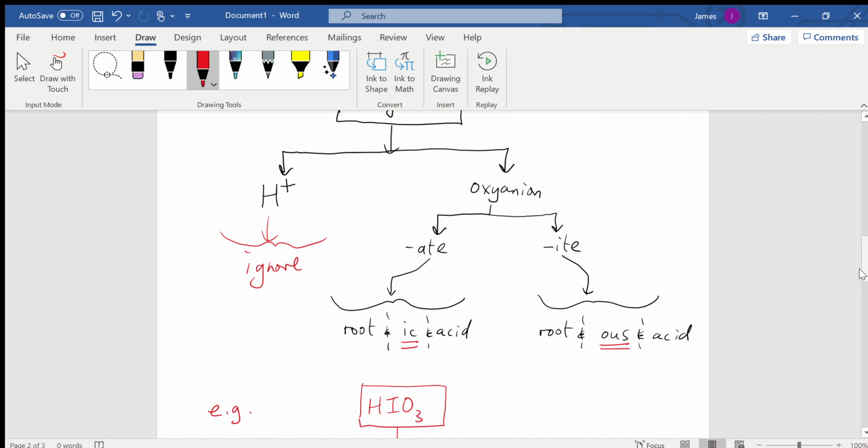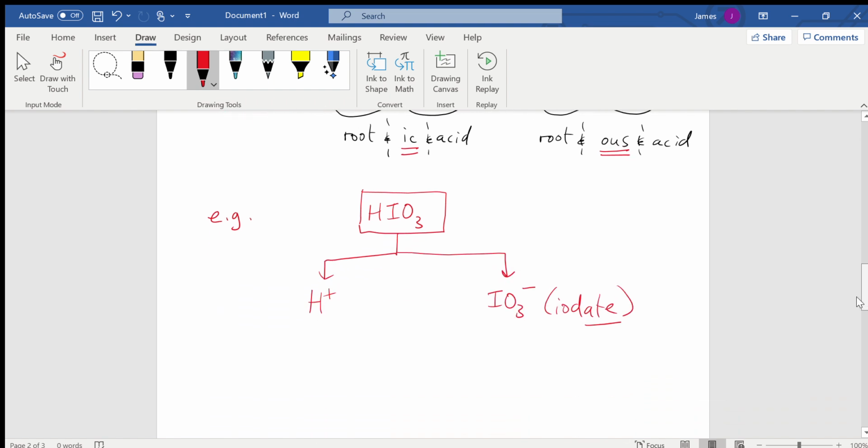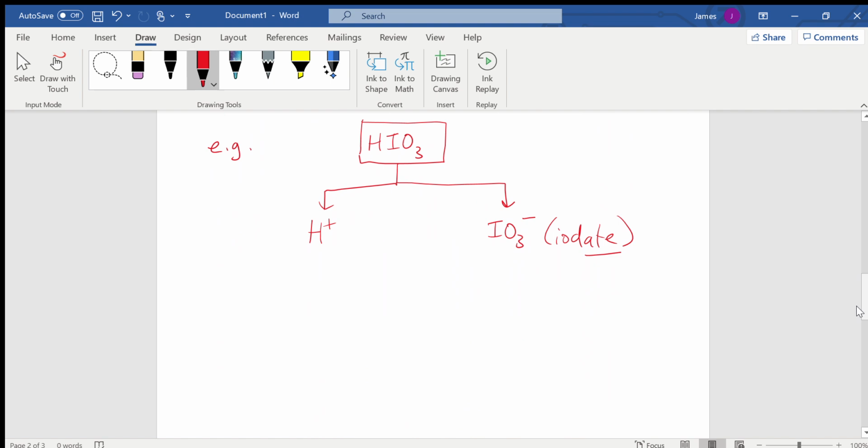We're going to focus on the oxyanion. So we have iod as our root, and then we have ic because the oxyanion was an ate, and then we have the word acid, so we are left with iodic acid.